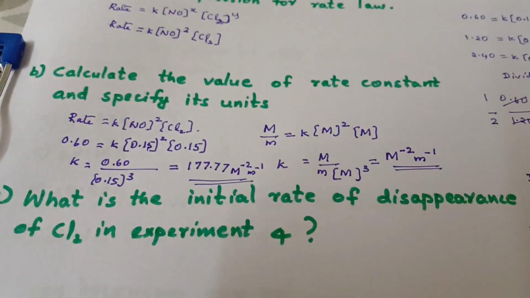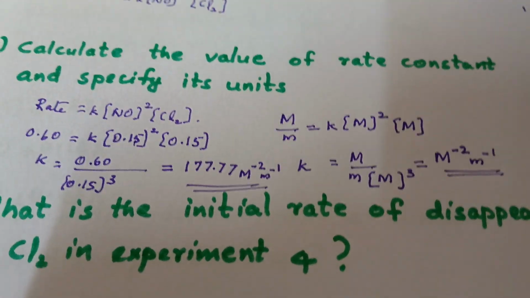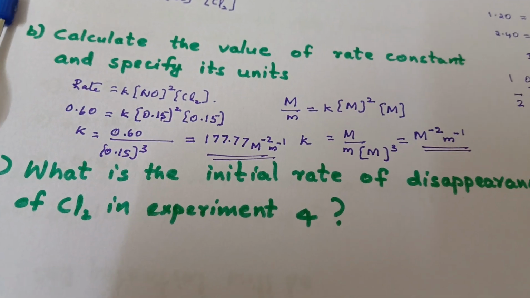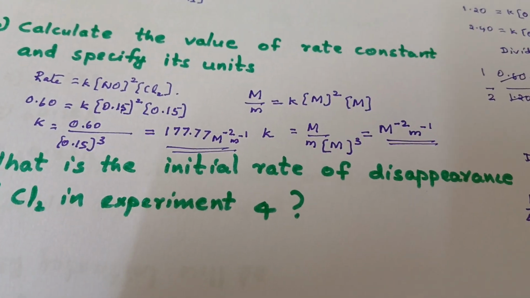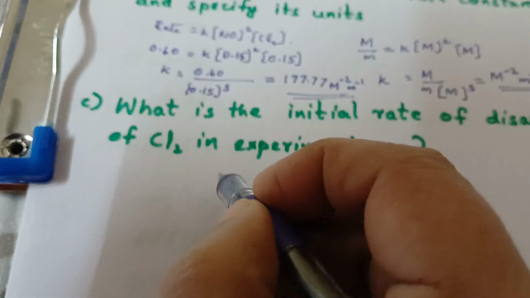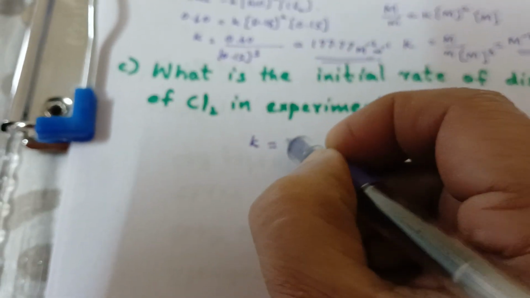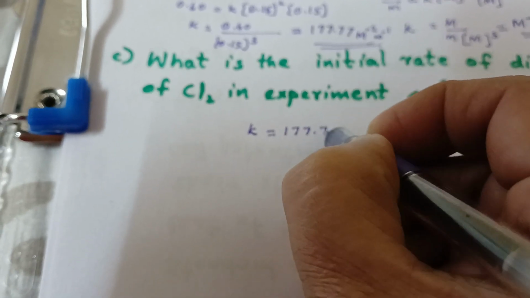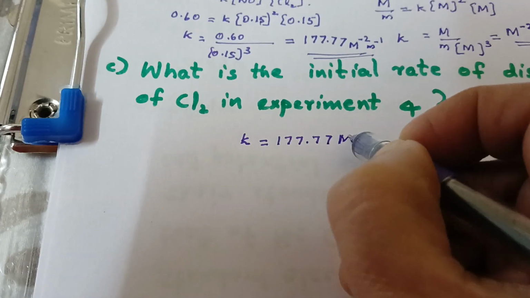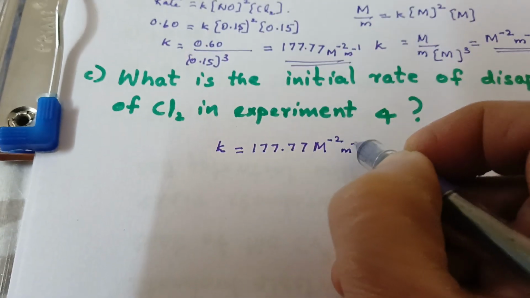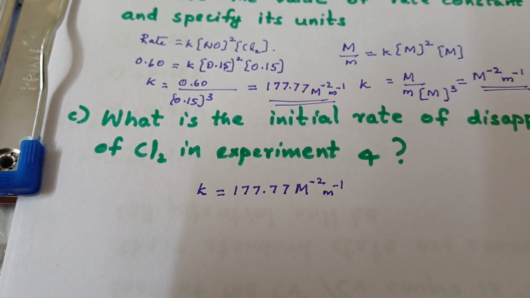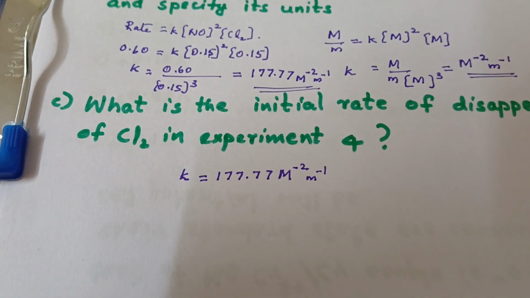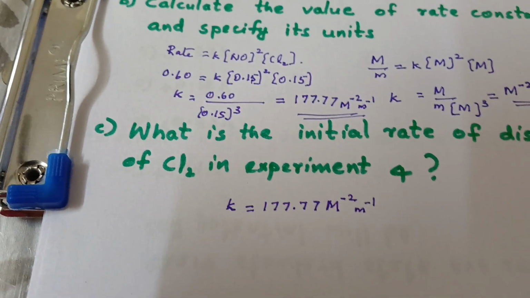Okay. Now, what is the initial rate of disappearance of Cl2 in experiment 4? We have got the rate constant K as 177.77. We are asked to find the initial rate of disappearance of Cl2.